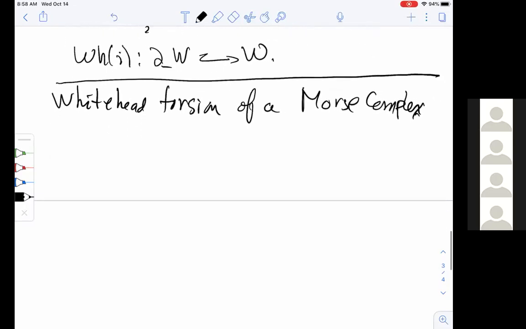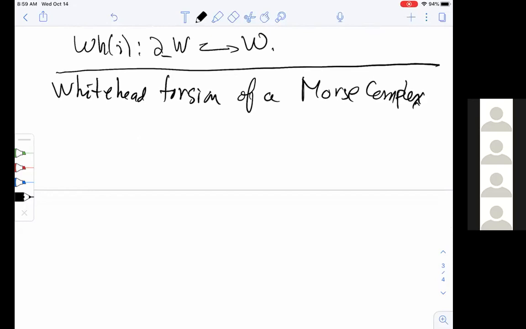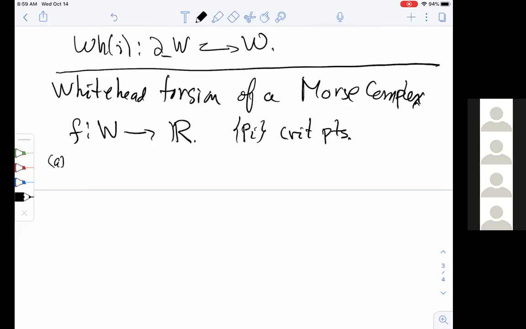So let me start by defining that. So remember, the Morse complex, we have a self-indexing Morse function. So it has critical points. The p_i are the critical points. Normally, to define the ordinary Morse complex, I have to choose, well, I take a gradient-like vector field.